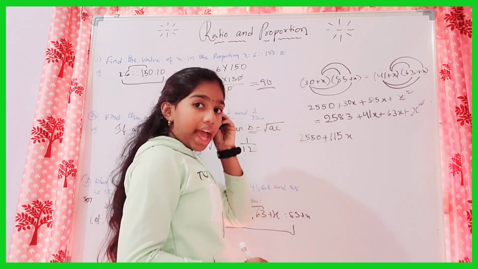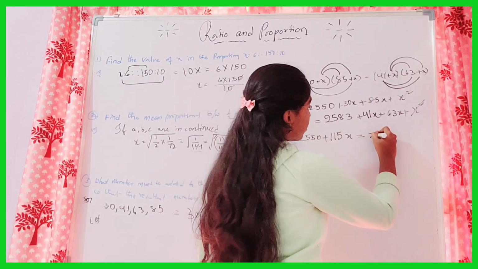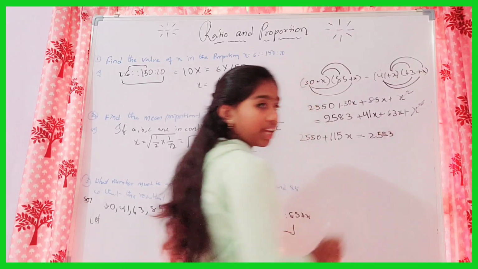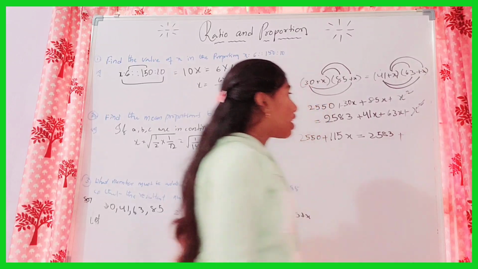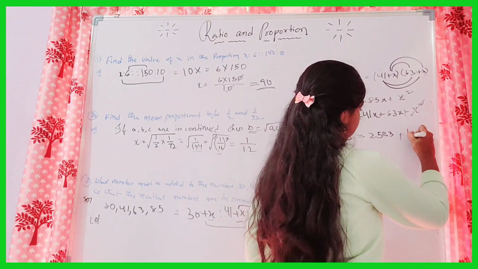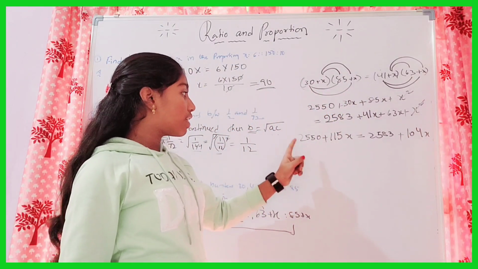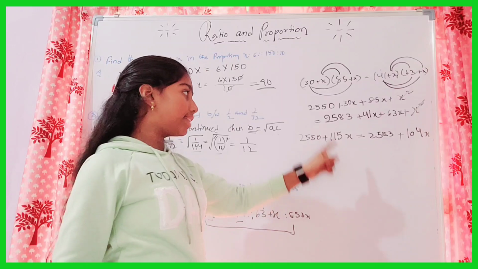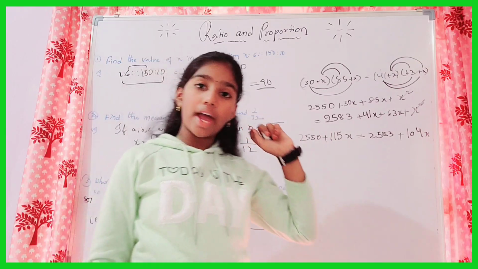So 2550 plus 115x is equal to 2583 plus 41 plus 63, which is 104x. So 2550 plus 115x is equal to 2583 plus 104x.